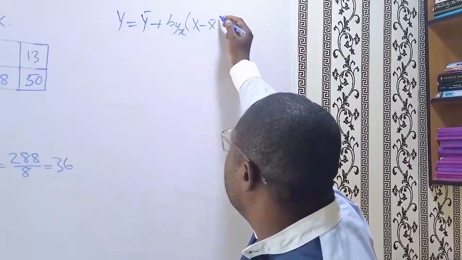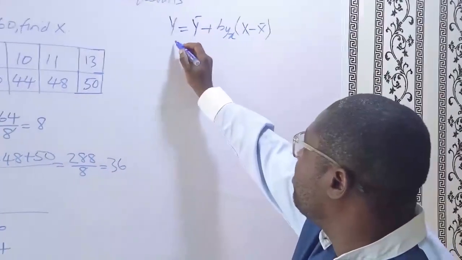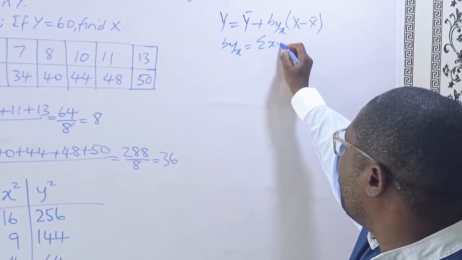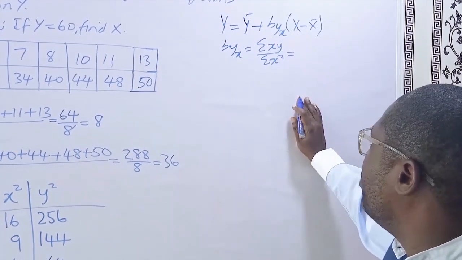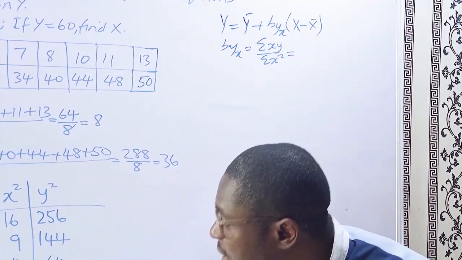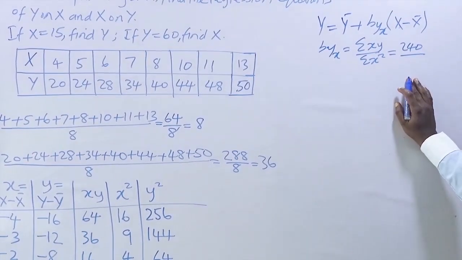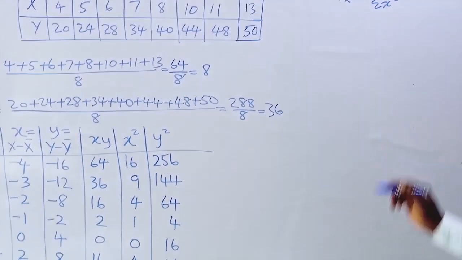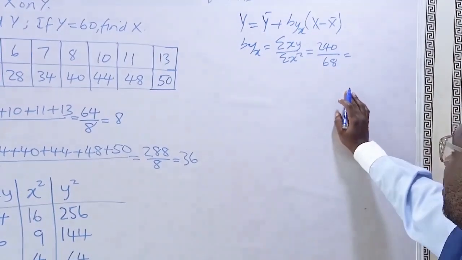Remember, that's what we did in an earlier video, where to find b, y based on x is summation xy all over summation x squared. Summation xy is 240, so we have 240 divided by summation x squared, which is 68.